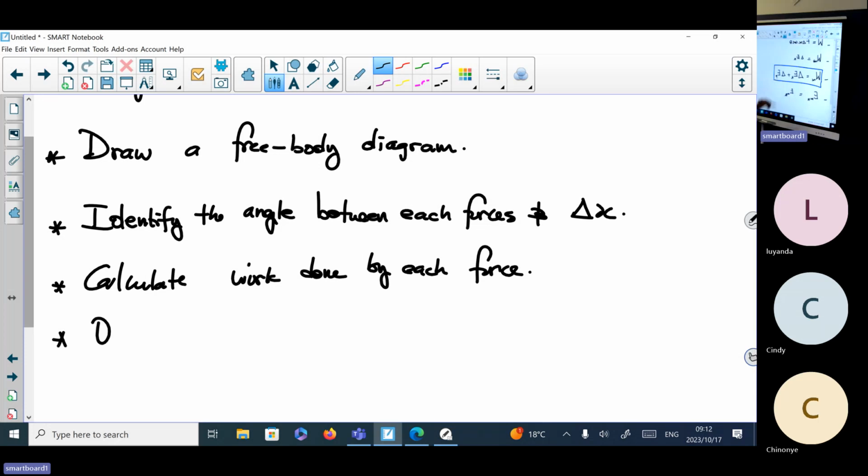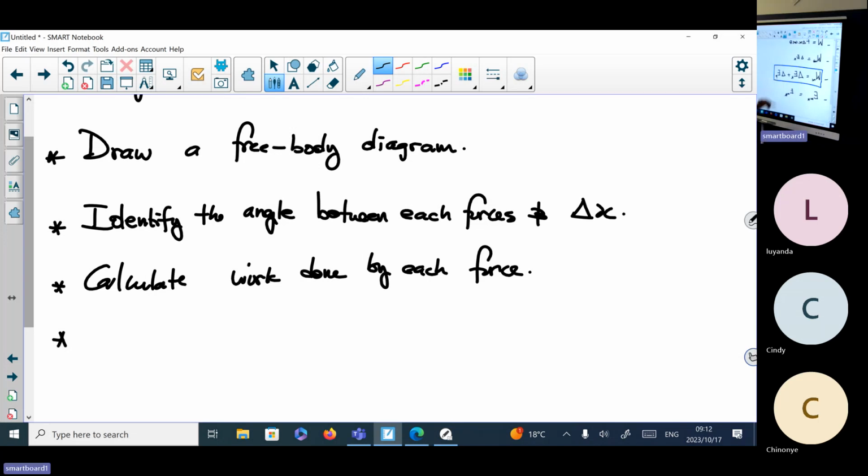When theta is equal to 90 degrees, then the work done by the force is 0, such as the normal force. Work done by the normal force is always 0. Why? Because the normal force is always perpendicular to the surface. It is perpendicular to the displacement. So cos of 90 degrees is equal to 0. And that is the reason why the work done by the normal force will always be 0.